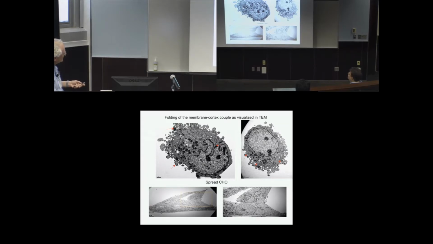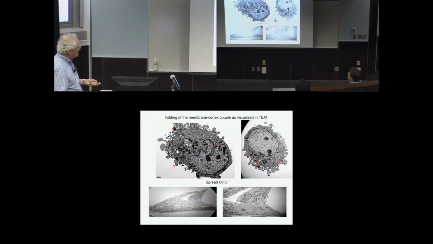What you see is that in the protruding part, it's quite smooth. But in the folded part, you can see evidence on the ultrastructural scale of these folds. And these little vesicles are probably folds that are coming up in section. So you see they look like vesicles.